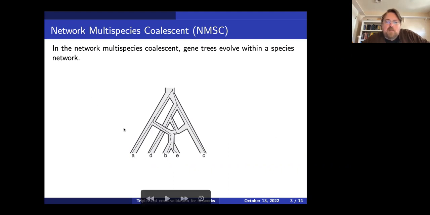And we have multiple loci, so each locus can be a different tree within the network. And one thing to consider is we allow gene trees to not necessarily be displayed by the network. So this is an example of that, where the B and E lineages in the gene tree go separate ways at this hybridization node. And so you end up with a gene tree that's not displayed by the network.